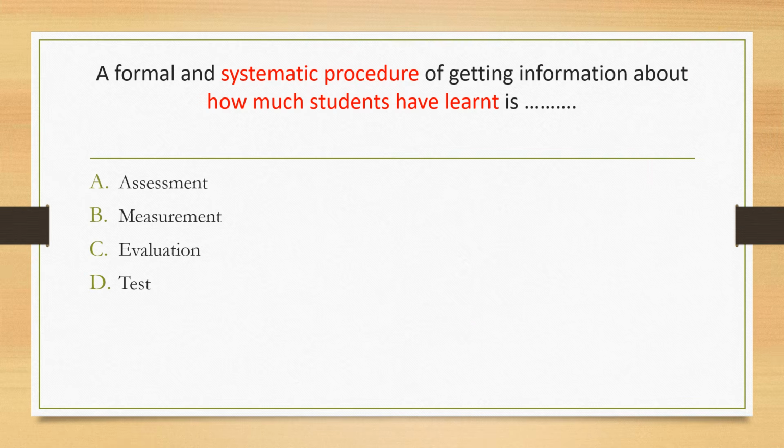A formal and systematic procedure of getting information about how much students have learned. So let's look at it. Systematic procedure. We are not talking about systematic process, but rather procedure. And what is this procedure for?